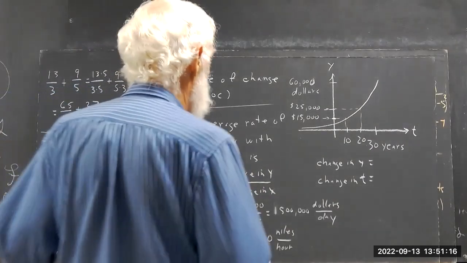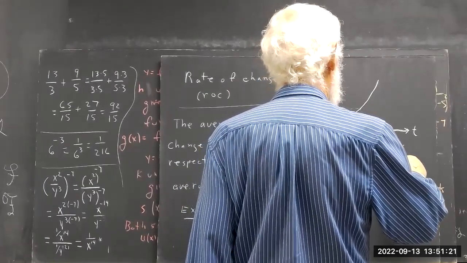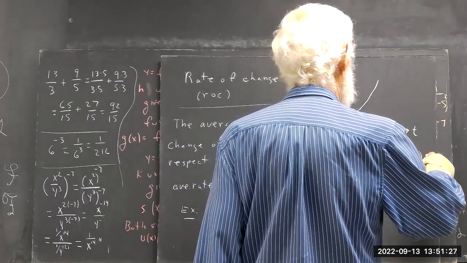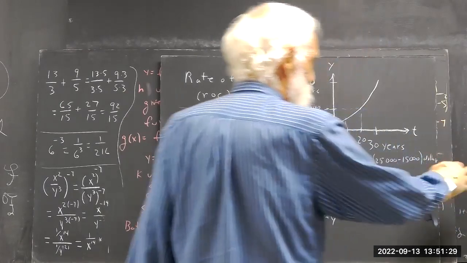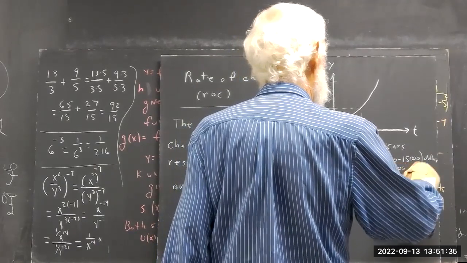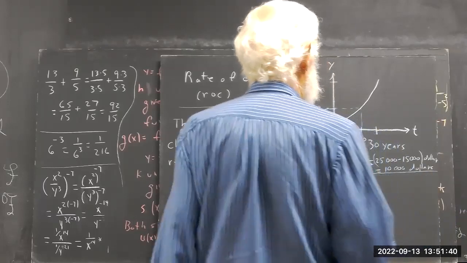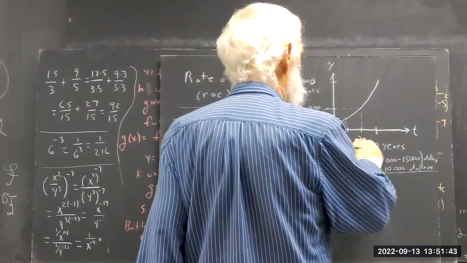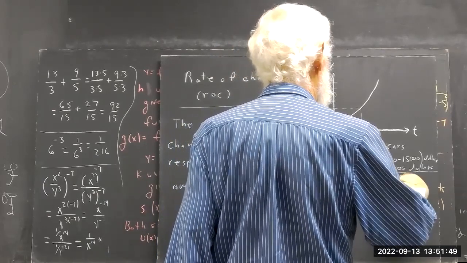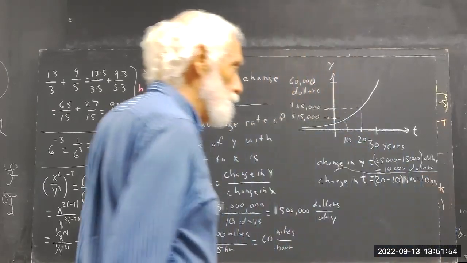Okay, change in y is $10,000, and the unit there is dollars. And change in t is what? Well, t changes from 10 to 20. That's 20 minus 10. That's 10 years, right?